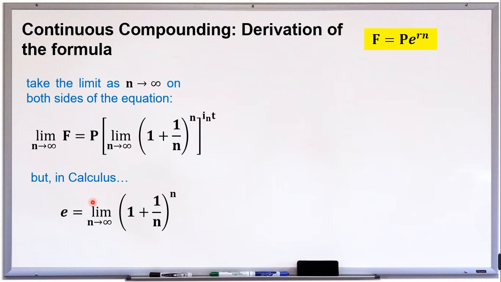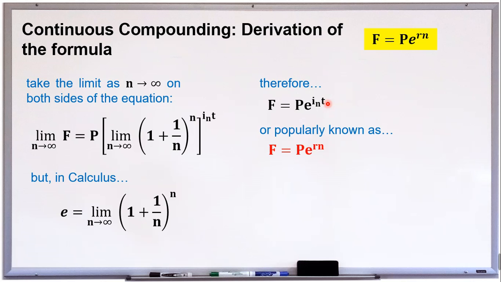Substituting this, on the left side we have F, and on the right side we have P times e raised to i_n t. This is also popularly known as PERT, so you can memorize this formula by simply saying that the future worth is equal to PERT.